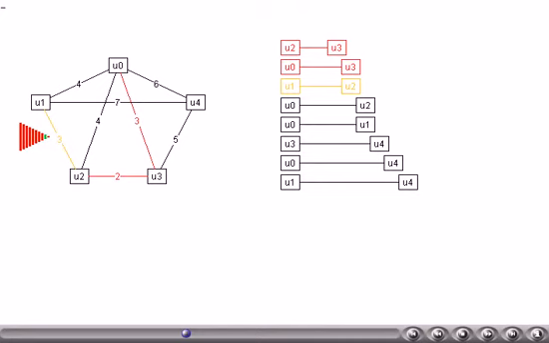Its inclusion also is not going to give any cycle, thus it will be retained. Now the edge U0, U2 is selected. However, when we include this one into the minimum spanning tree, a cycle may come. Thus, it will not be retained.